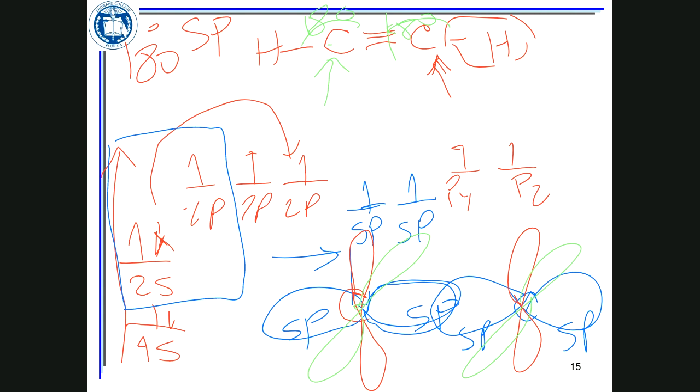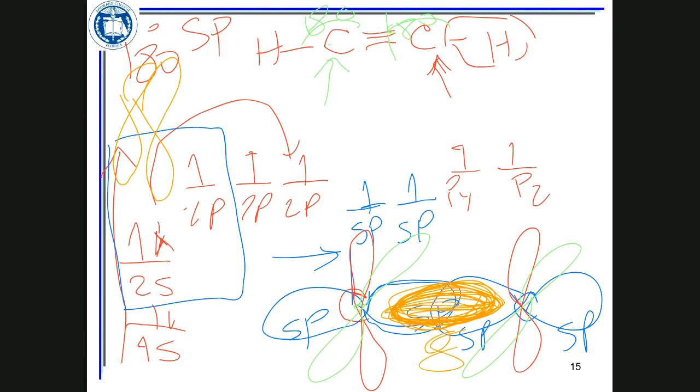Is this sigma or pi? What's the only condition that the pi is going to form? Pi is going to form if you have two perpendicular p orbitals. These are not perpendicular, these are head-on. So this is going to be forming a sigma bond, so this is a sigma bond here.